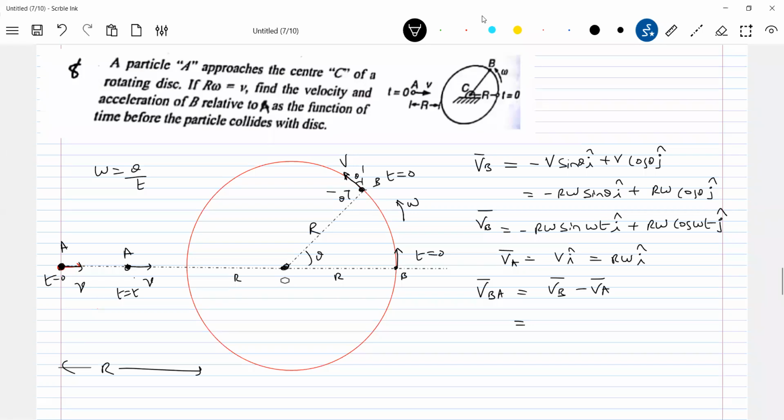So VB bar minus VA bar equals minus R omega sin omega t i cap minus R omega i cap. You can see this R omega, I'll take outside: R omega times minus (1 plus sin omega t) i cap, plus the j component.